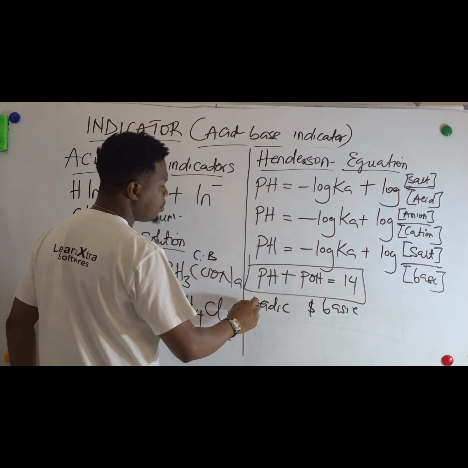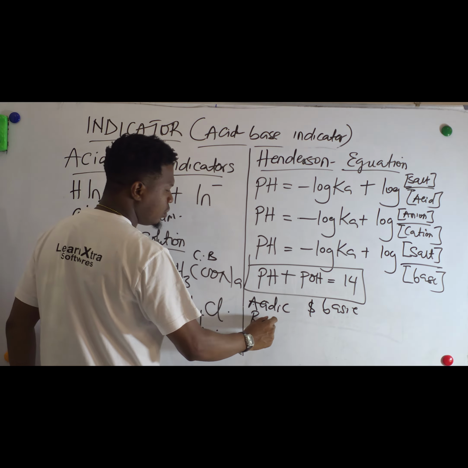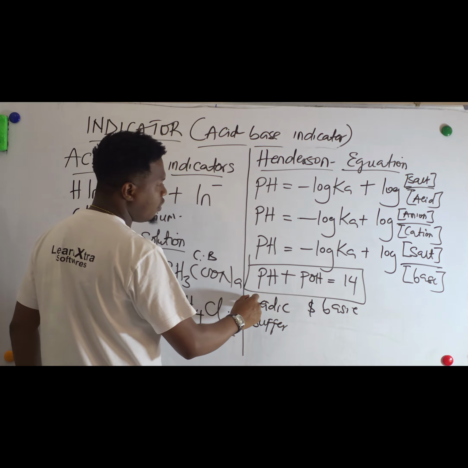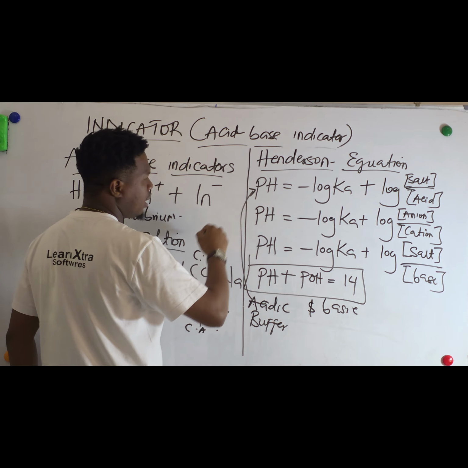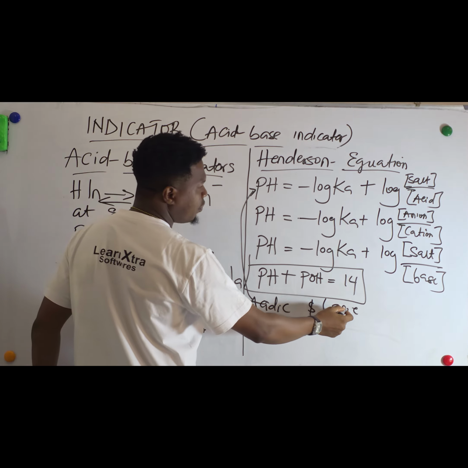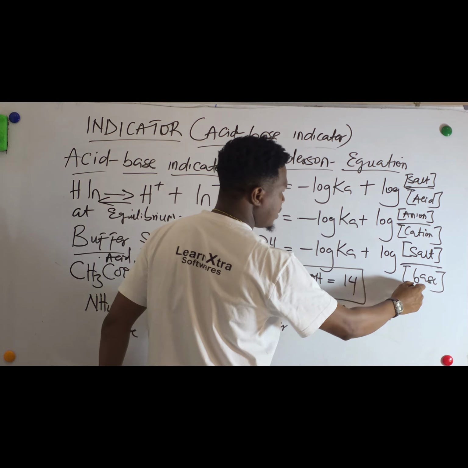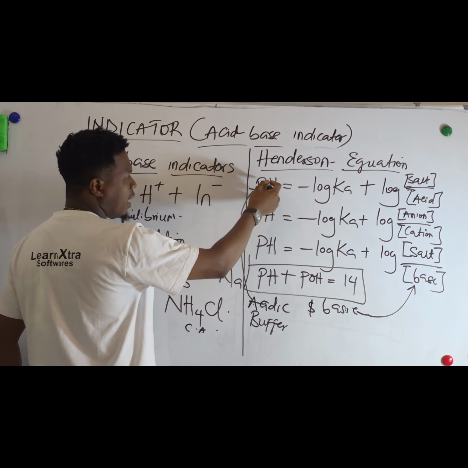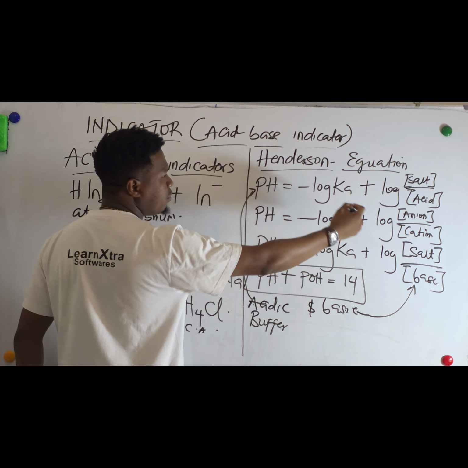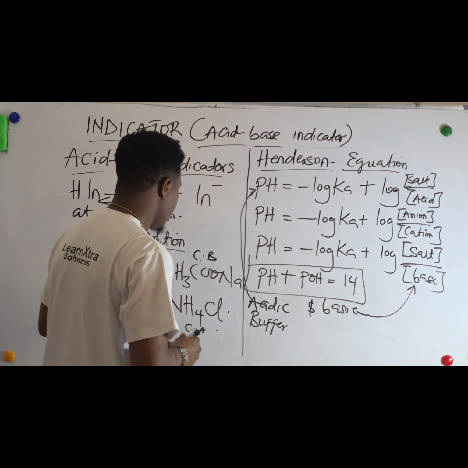For the acidic buffer solution, the equation that governs it is this. While for the basic buffer, the equation that governs it is this. So this is for the acidic buffer, this is for the basic buffer. These equations are used to govern the buffer solution.